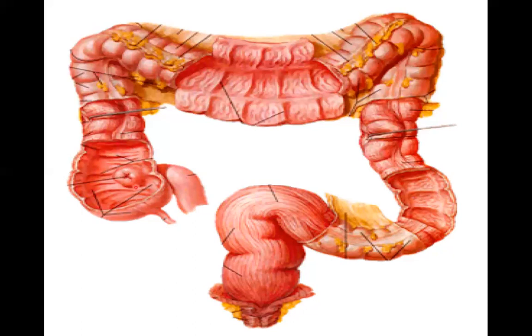So this valve is important. Just 2 centimeters below it, we will have the base of the vermiform appendix. Since we mentioned it, it is a worm-like structure, a diverticulum.